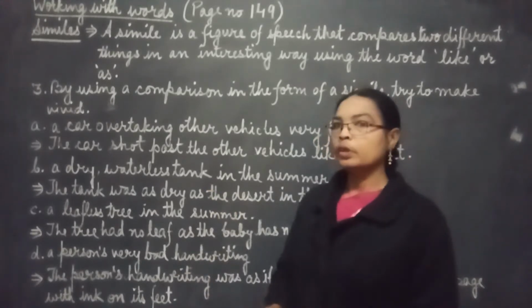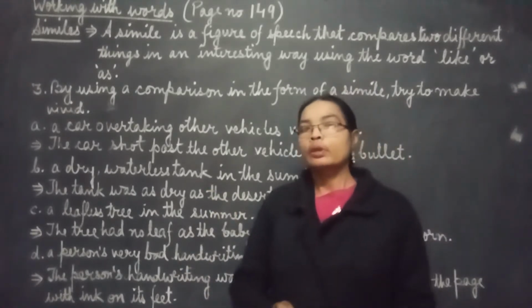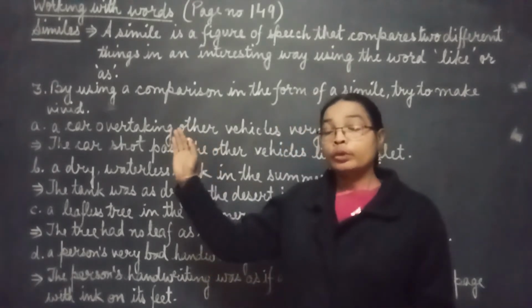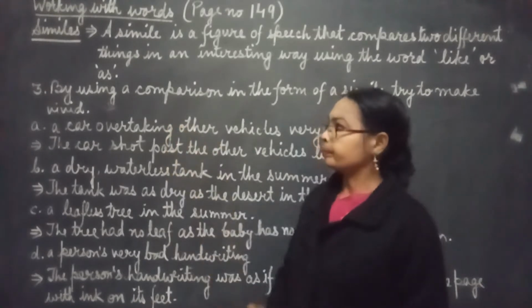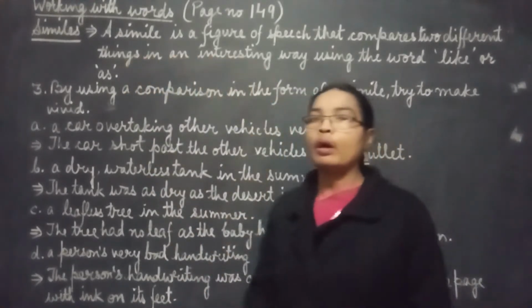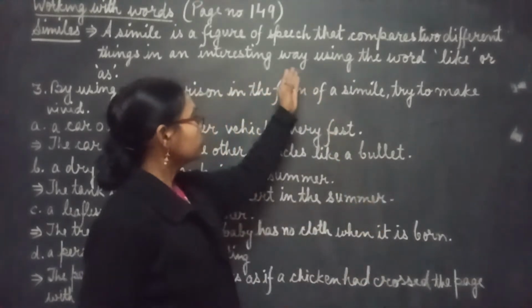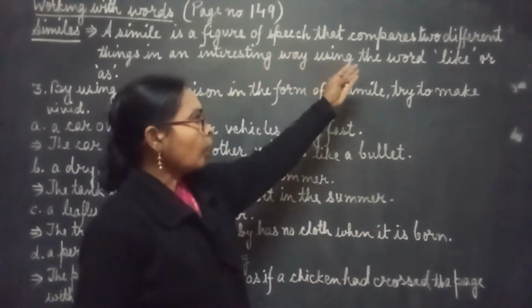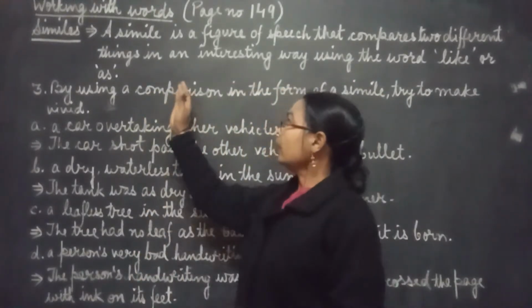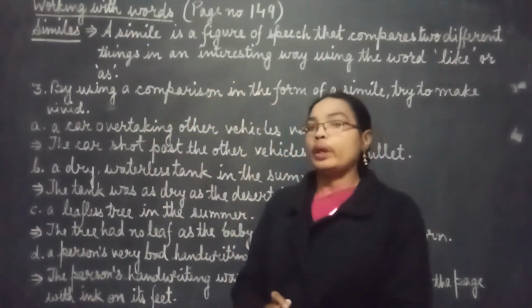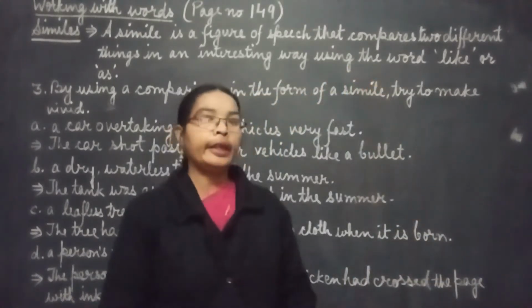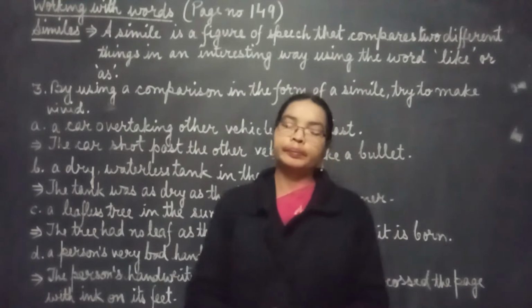So, students, let's step to the term simile. What is given? A simile is a figure of speech that compares two different things in an interesting way using the word like or as.